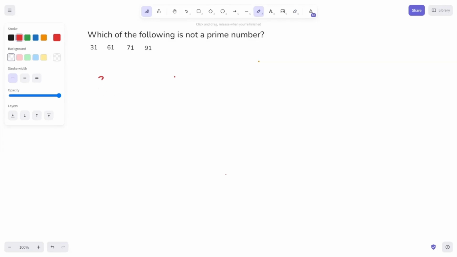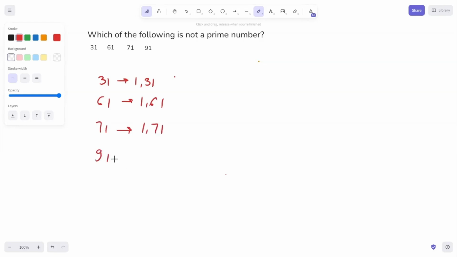So as you can see, 31 is only divisible by 1 and 31. If we check the second option, 61 is also only divisible by 1 and 61. If we check, 71 is also a prime number because it is also divisible by 1 and 71.